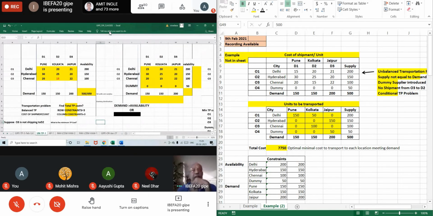Therefore, attentive please. In this particular problem, I want to minimize the transportation cost. But I don't want any transportation from O3 to D2.